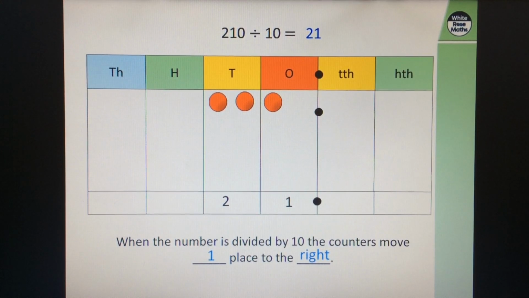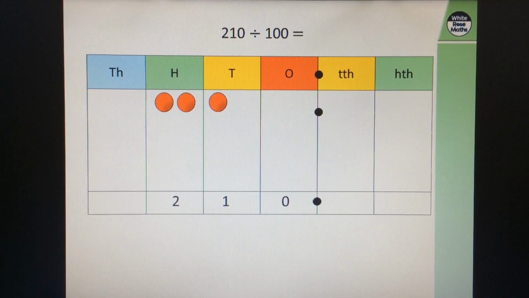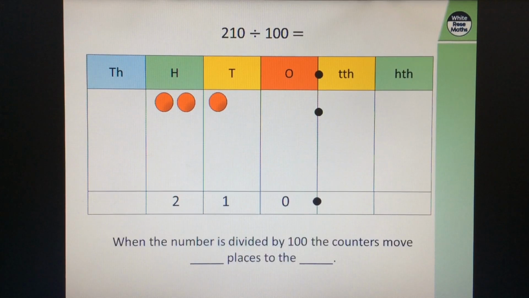Okay, let's have a look at this example and we can start seeing how it works with decimals. So we've got 210 divided by 100. So we've got 210 shown there on our place value chart, but this time we are going to move the digits, how many places? Well done, 2 places to the right. So let's move, ignore the 0 for now. We can move the 10 to the tenths column, 2 places.